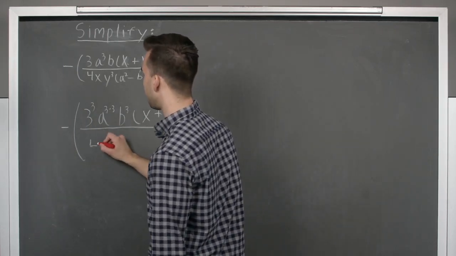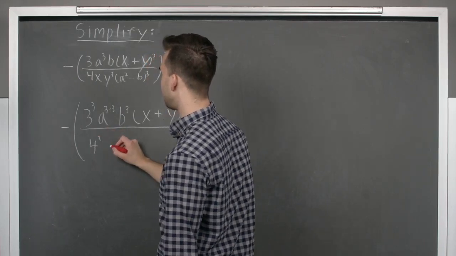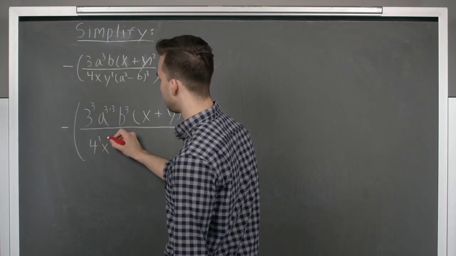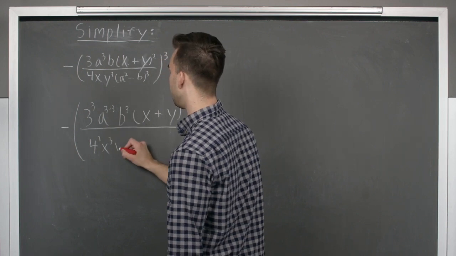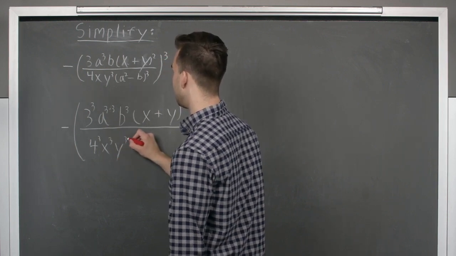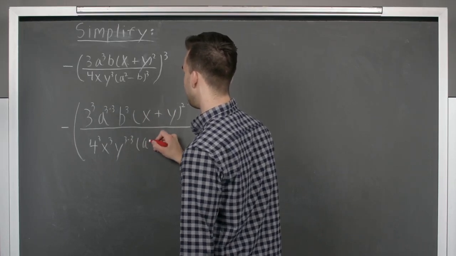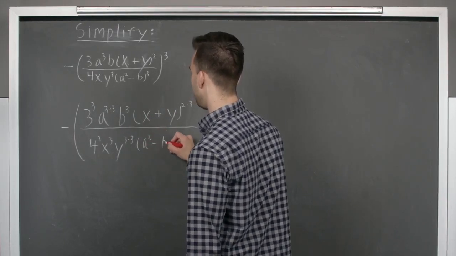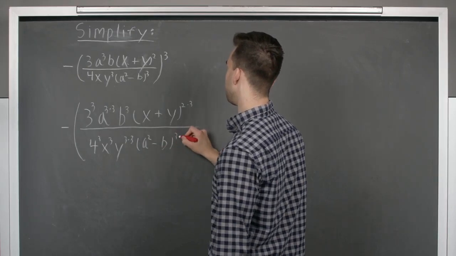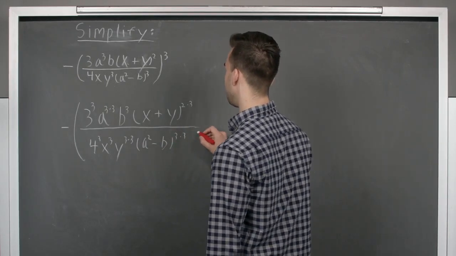So we have 4 times our exponent of 3, x to the power of 3, y to the power of 3 times our outside exponent of 3, and then a squared minus b to the power of 3 times our outside power of 3.